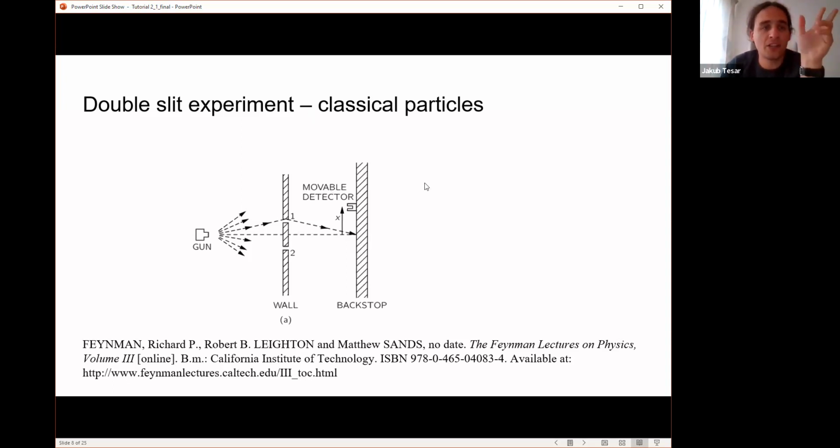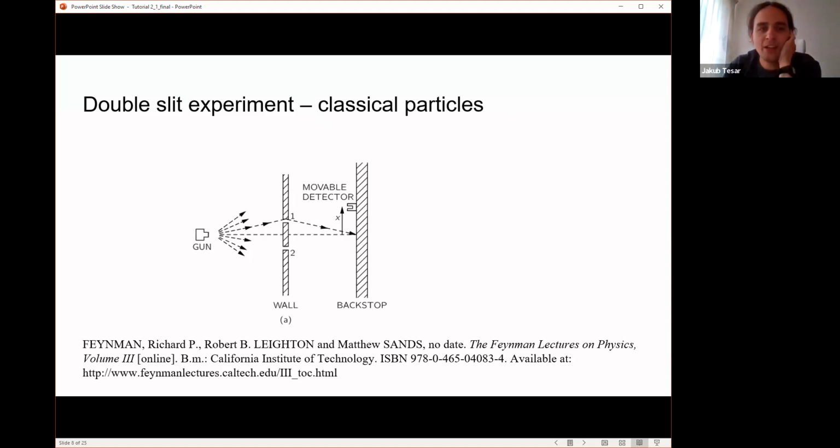I will try to present the experiment in three settings: one with classical particles, then with waves, and then with the particles of the microworld, that means electrons or photons or whatever. So imagine the classical version of the experiment: we have simply a machine gun shooting bullets, a really strong wall, and a backstop of sand and so on.